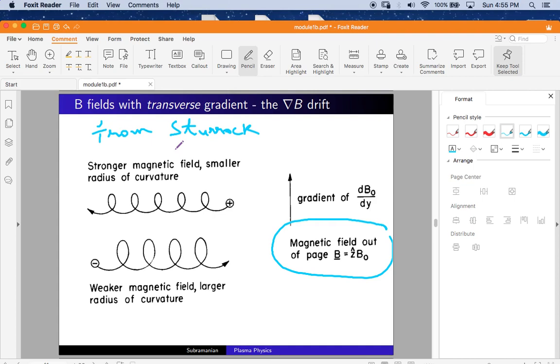So you have the magnetic field out of the page. B is along the z direction, and the gradient of B is along the page. The magnetic field would be like that, but the gradient is in this direction right here.